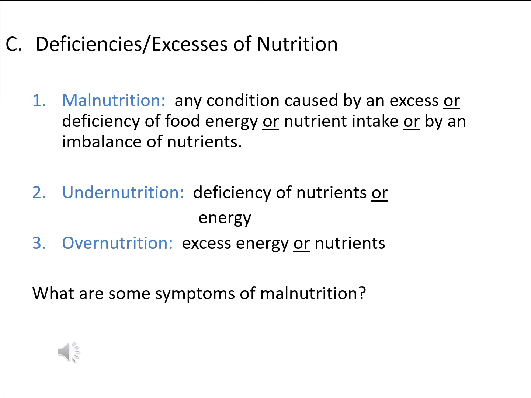So what is malnutrition? Well, by definition, it's any condition caused by an excess or a deficiency of food energy, referring to calories, or nutrient intake, or by an imbalance of a certain nutrient or nutrients.